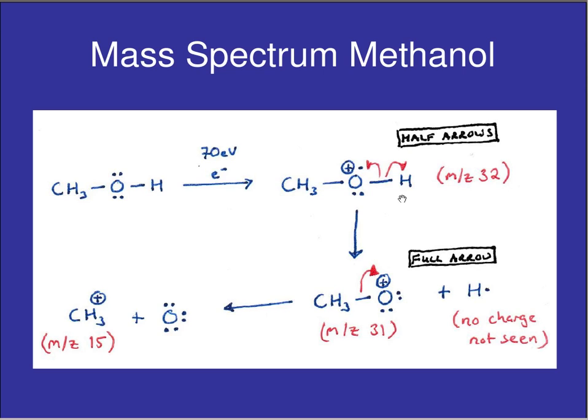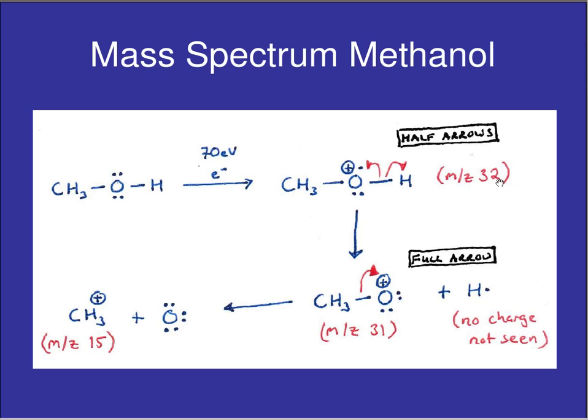Let's stop at this point, because this is a charged system at the moment. So we've got our molecular ion here. Its mass is 1 plus 16 plus 3 plus 12, which is 32. And if we do a mass to charge ratio, which is what mass spectrometers work with, it is 32 divided by 1.